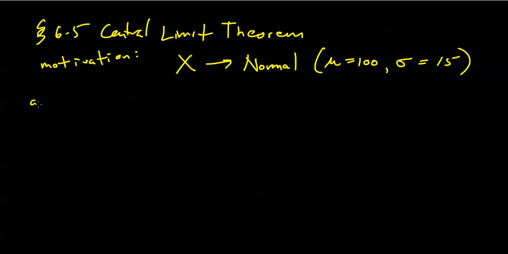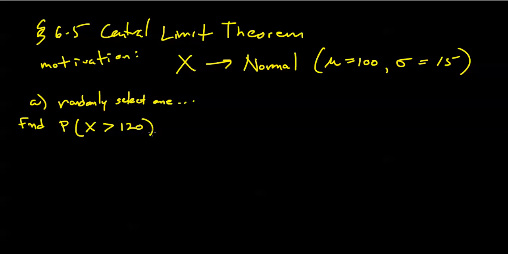Let's look at scenario A. From this group of IQ scores, I'm going to randomly select one. I'm going to ask then to find the probability that this randomly selected score is greater than 120. Okay, that's scenario A.